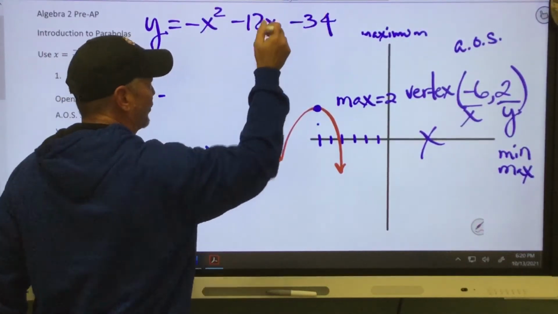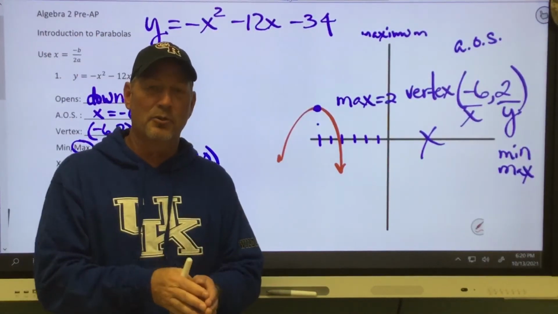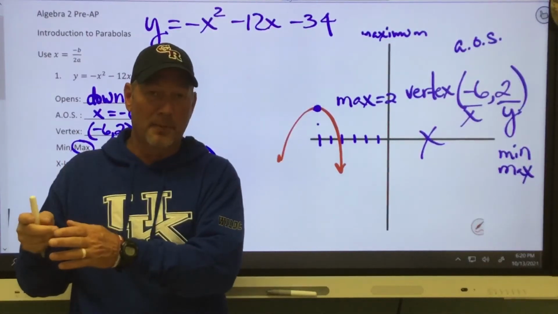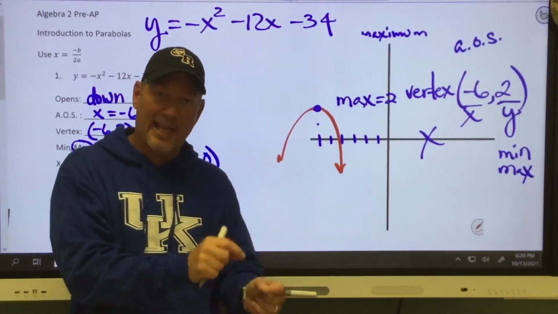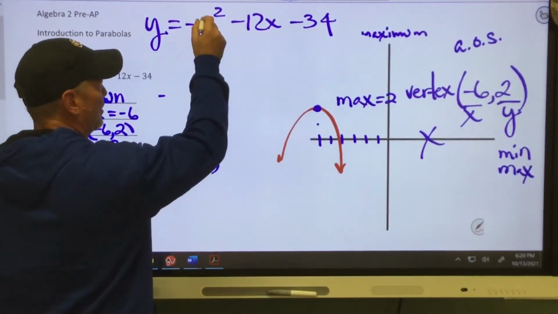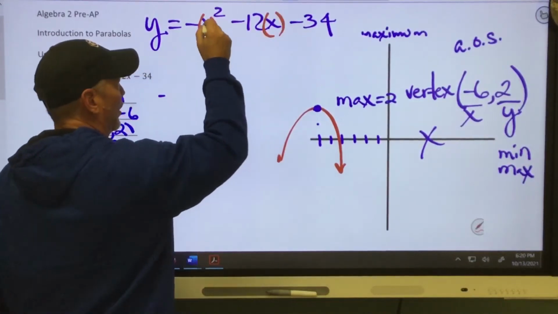You may not remember this from Algebra 1, but to find the X-intercept, you put a 0 where the Y is. To find the Y-intercept, you put a 0 where the X is. So all we're going to do is substitute a 0 where the X is.